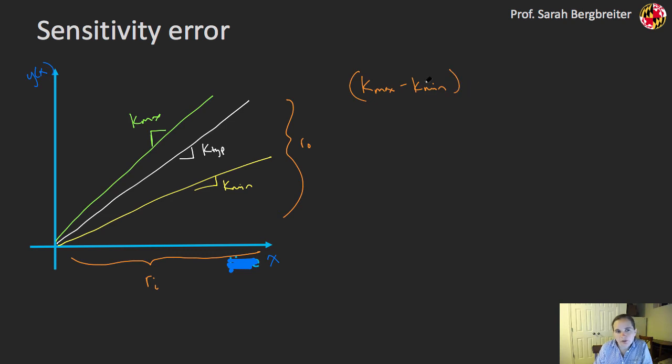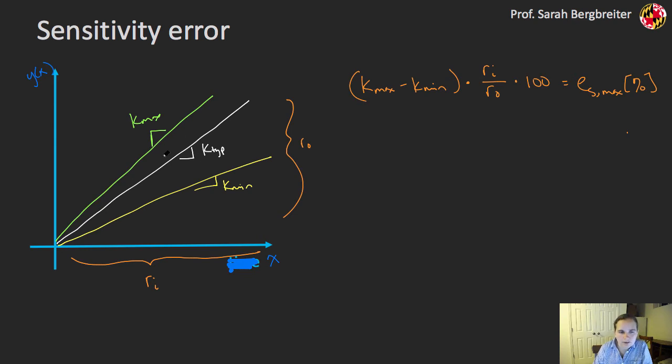That would have units of output divided by input units, and multiply that by Ri over R naught, and that by 100 once again to get my maximum sensitivity error in percent.